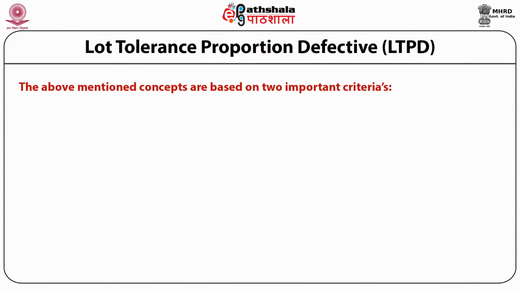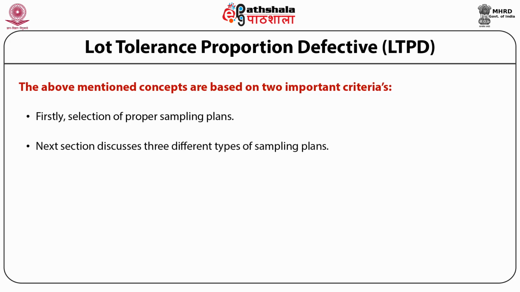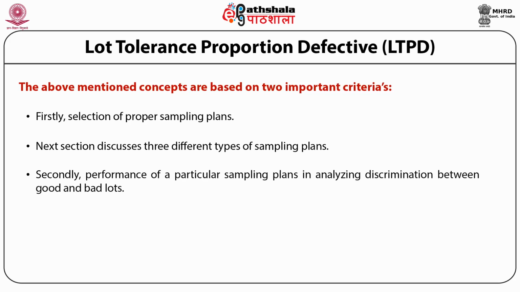The above mentioned concepts are based on two important criteria. Firstly, selection of proper sampling plans. The next section discusses three different types of sampling plans. Secondly, performance of a particular sampling plan in discriminating between good and bad lots.